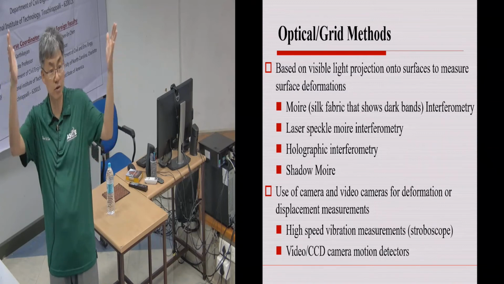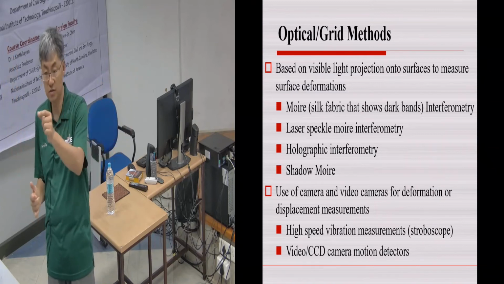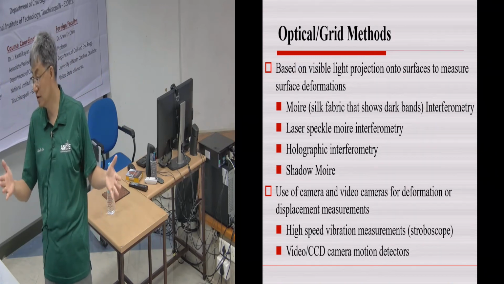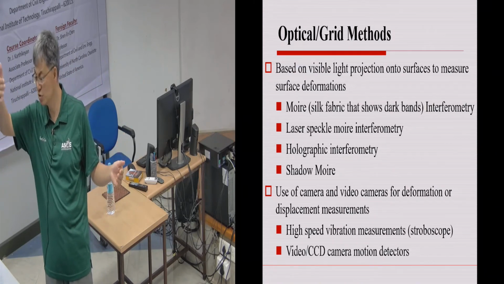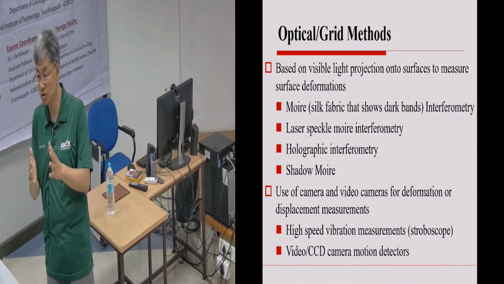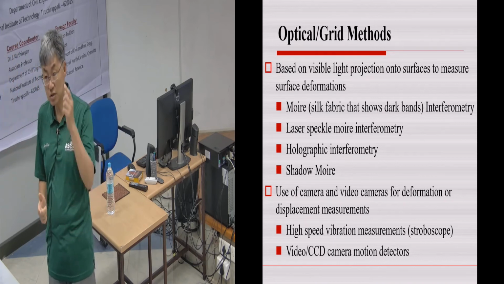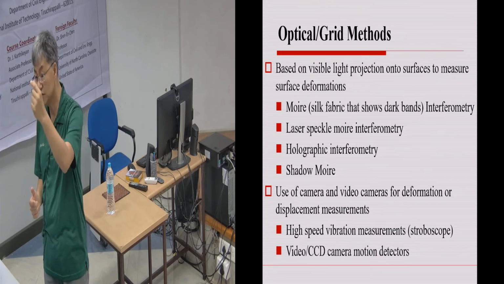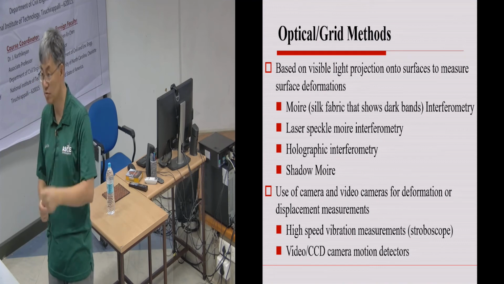Every structure when you build, okay, there is always a few millimeters of difference, right? Because we can control the construction resolution to very high level. But when you have a displacement, usually that's quite significant. So using optical methods, that is the most sensitive method that we can measure deformation, okay, because you are measuring in nano.